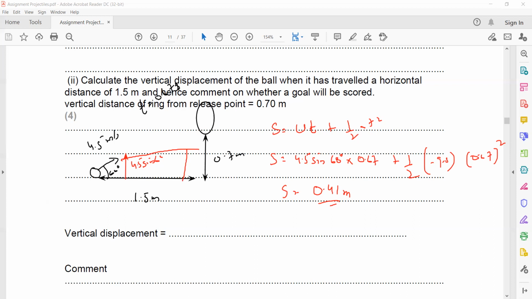So if it is at a height of 0.41 meters, does this ball cross the ring or will it miss the ring? The ring is 0.7 meter above the position where we hit the ball. So because the ball is at a lower height and the ring is at a higher height, it means this ball will miss the ring. Is it clear?